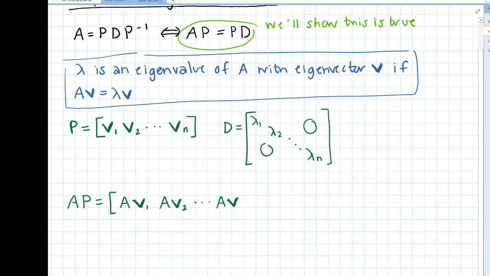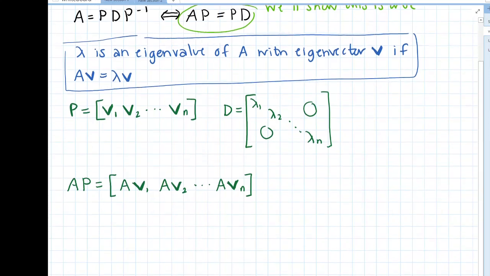This might look a little weird. You might think, why is there a matrix inside of a matrix? But each of these things, A times V1 or A times V2, those are vectors. If you take a matrix and multiply it with a vector, you get a vector. This isn't how we typically do it anymore, but when you multiply a matrix with another matrix, one way you can think of it is as though you're just multiplying the matrix with each column of the second matrix, and those become the columns of your new matrix.